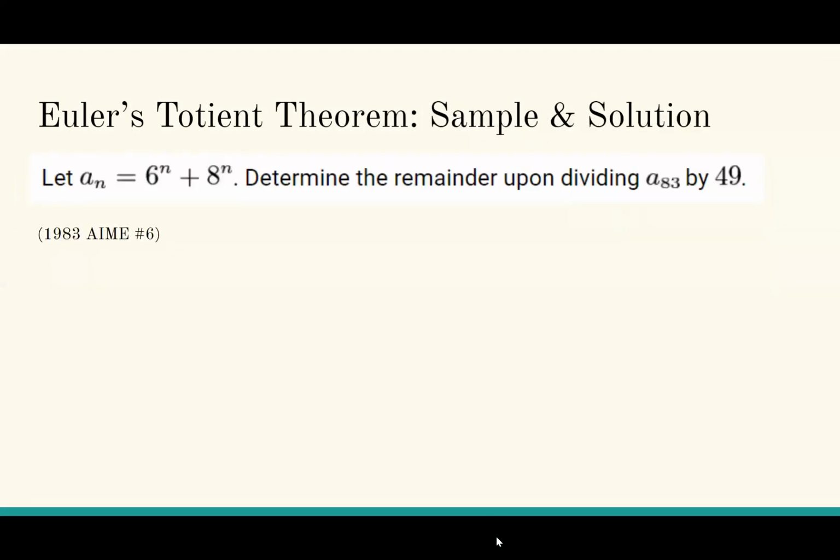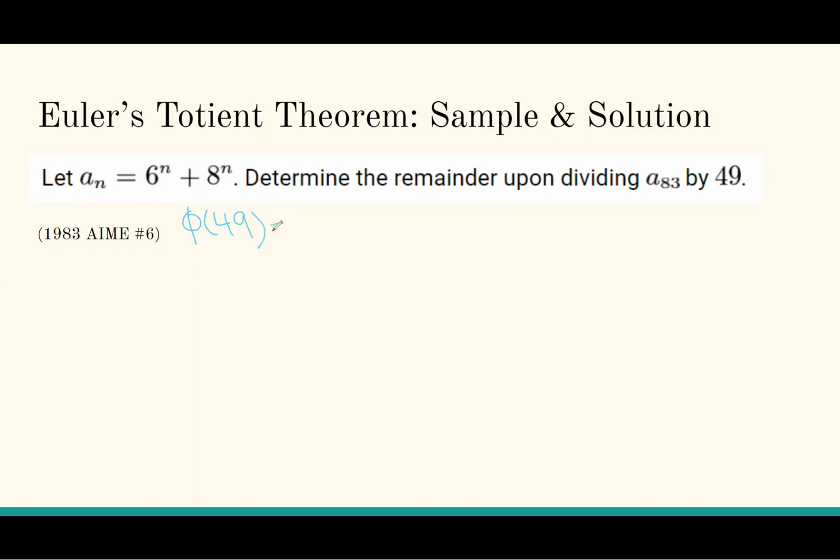So now we are going to do another example, and this example relates to Euler's Totient theorem. First, we note that the totient function of 49, and the reason we're using 49 is because here n is 49, since we want the remainder upon dividing by 49.